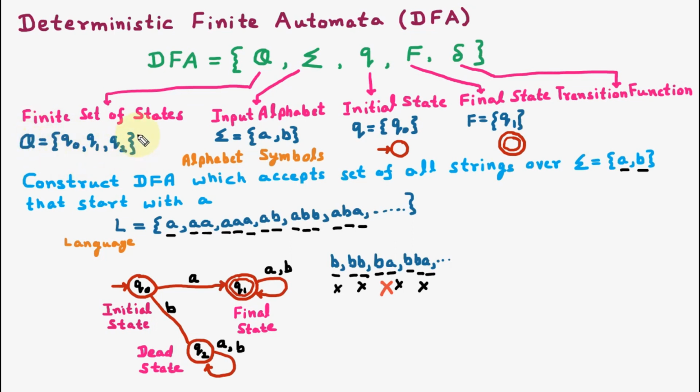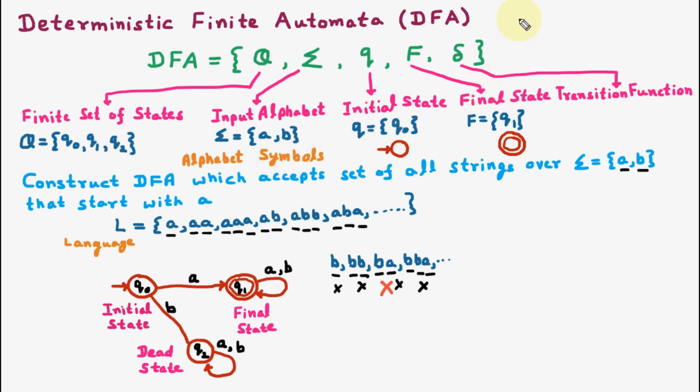So this is the finite set of states, meaning all the states of the DFA are represented as Q. And the initial state and final state are subsets of the finite set of states.